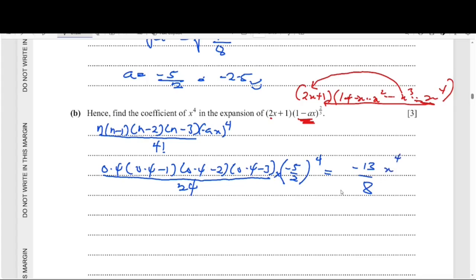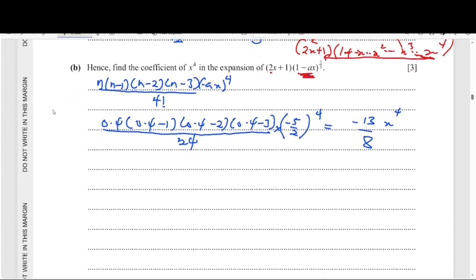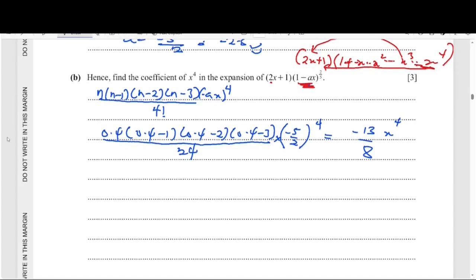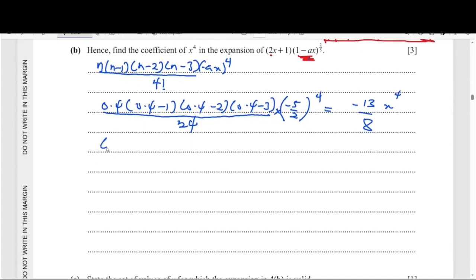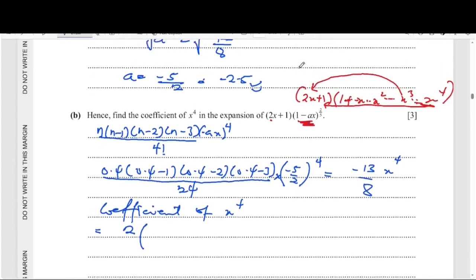So this is the x^4 term in the expansion of this, and you've already found the coefficient of the x cubed term from the previous section. So now the coefficient of x^4 in the expansion will be equal to, as we said earlier, 2 times the coefficient of x cubed in the expansion of this, which has been done previously.